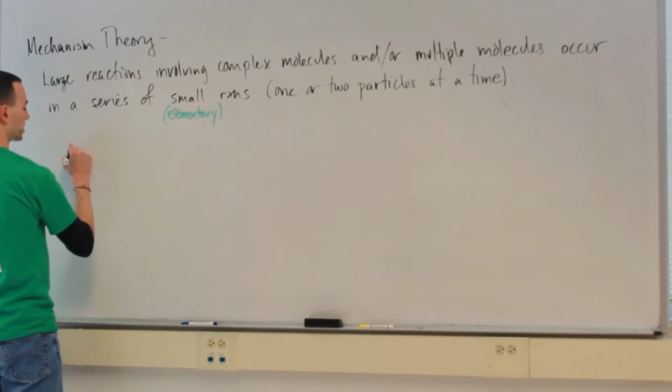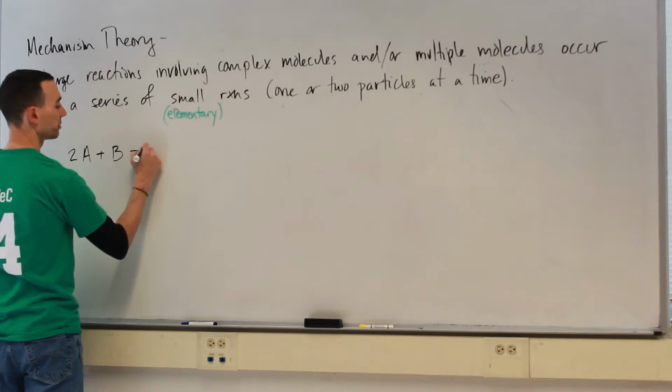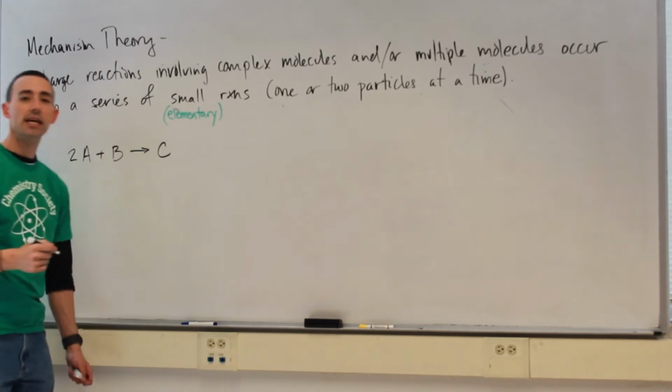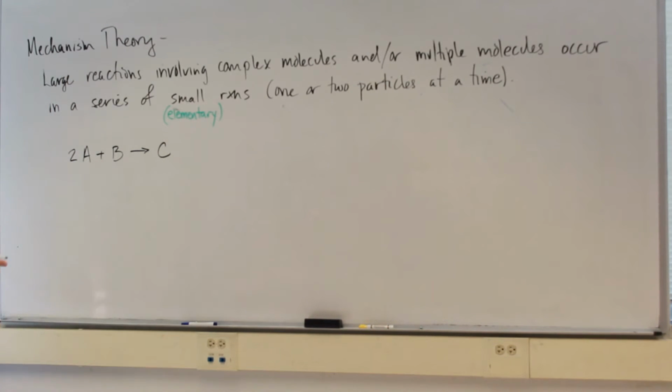Let's look at just a simple case. Even a reaction like 2 A's plus a B to form a C is unlikely to occur in one step, one stage, because getting the 3 molecules to come together at one moment in time is going to be very difficult.